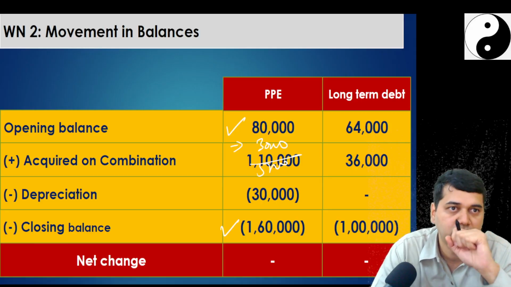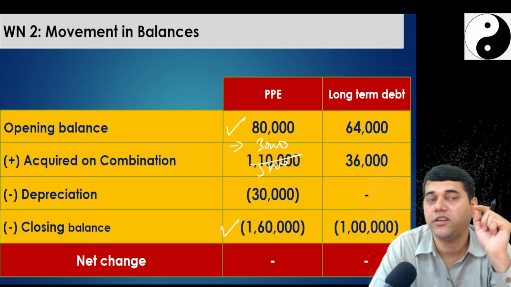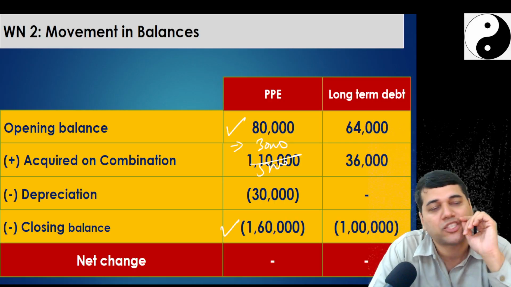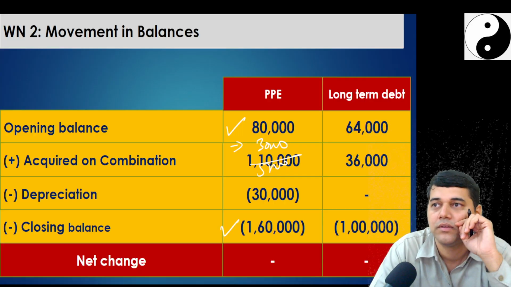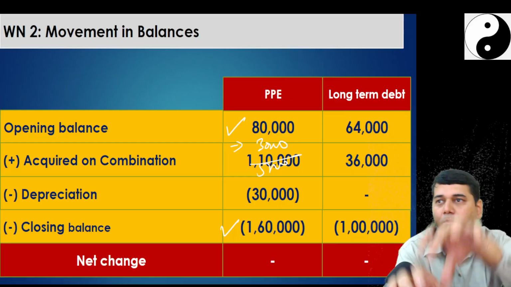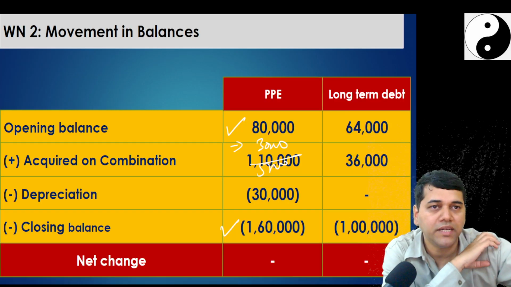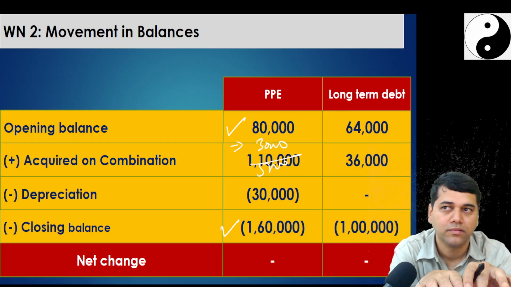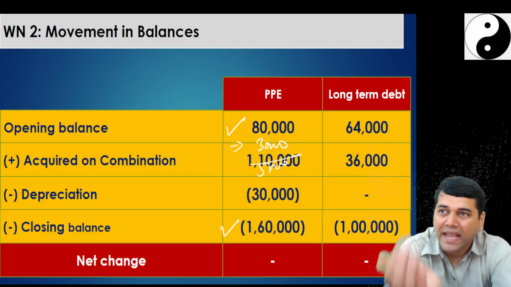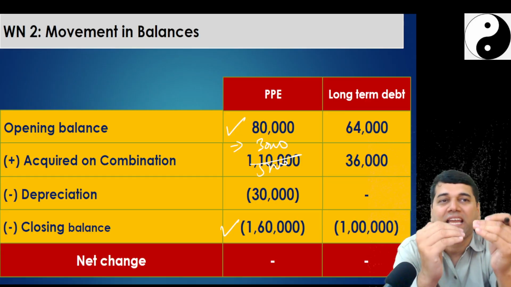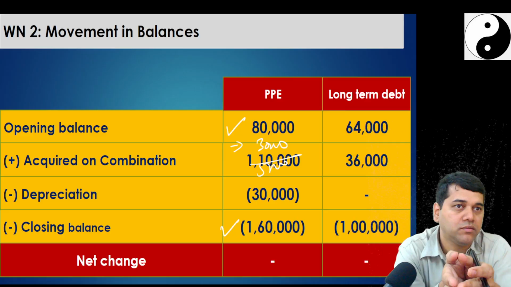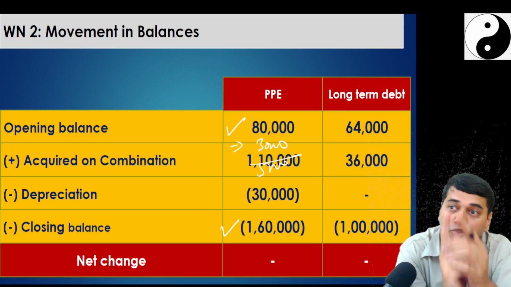Did you purchase? Understand, students, here you need to understand one concept. How will the consolidated cash flow statement be prepared? Line by line consolidation. Their asset, my asset. Their liability, my liability. Followed, no? Now, at the group level, did you spend any cash to acquire PPE here? No. You spent only one cash.